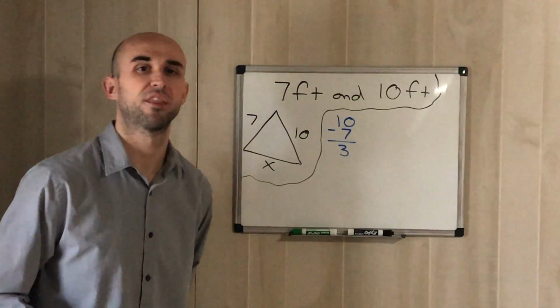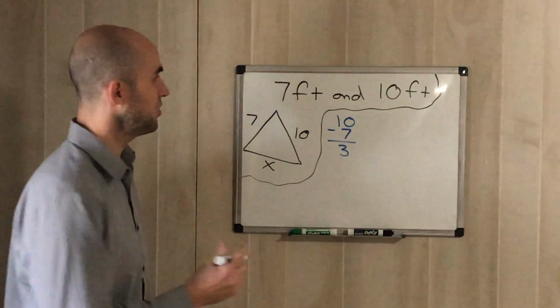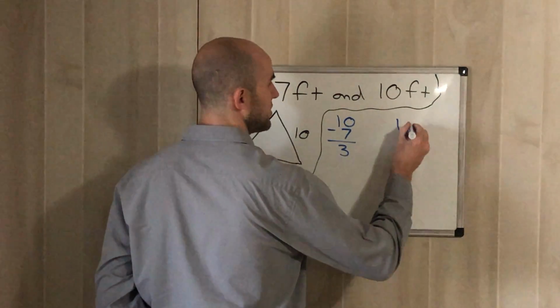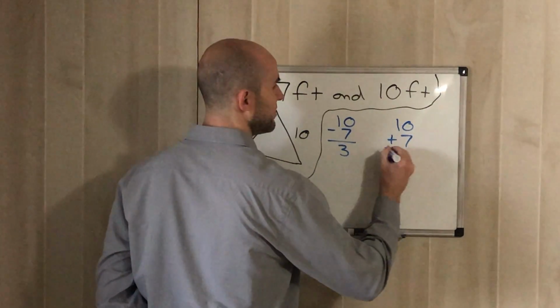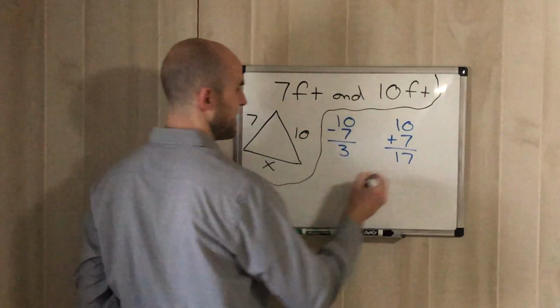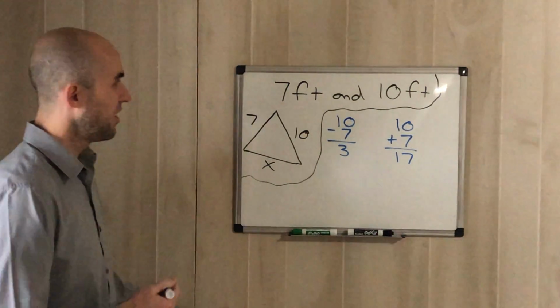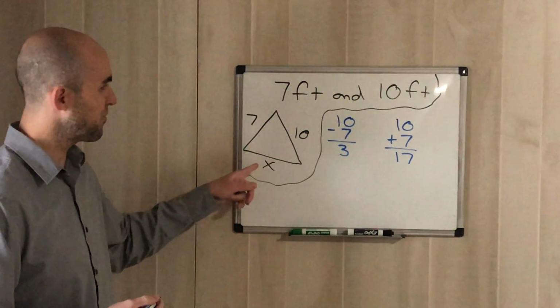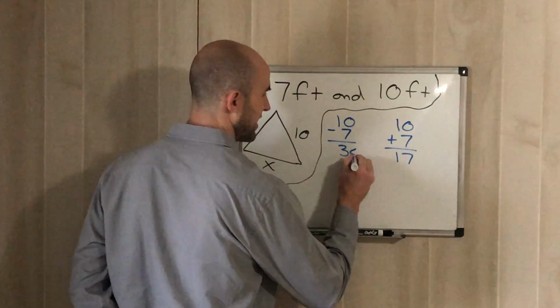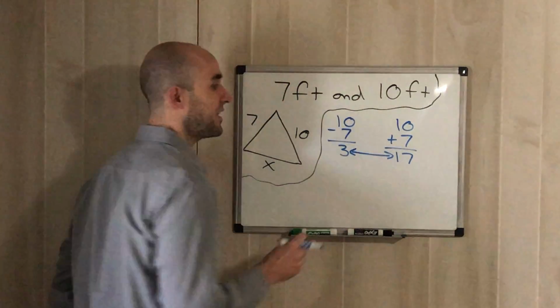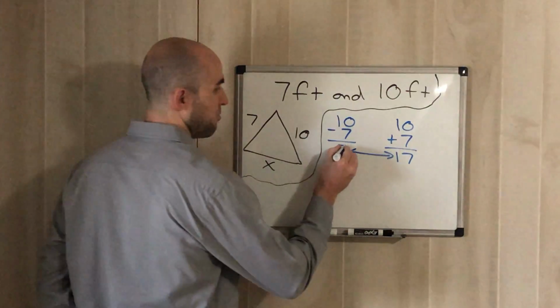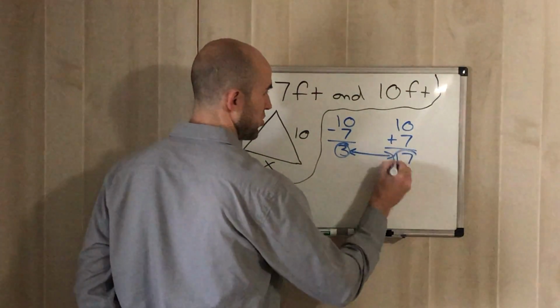To figure out the biggest that it can get to, you would take those two numbers and you would add them. 10 plus 7 gives us 17. And what we would now know is what the sides would be. All the sides that can represent this would be everything that's between this. It's not including those two, but it would be everything that's between those two numbers, right?